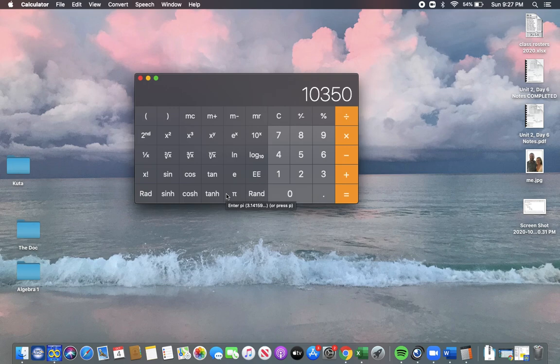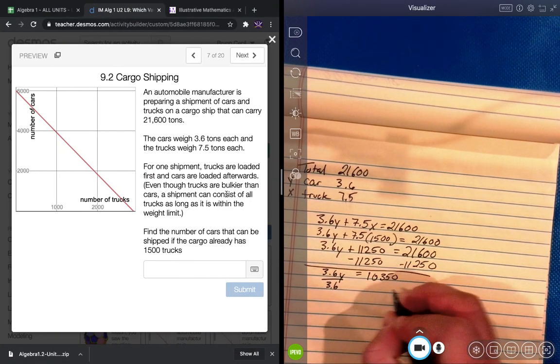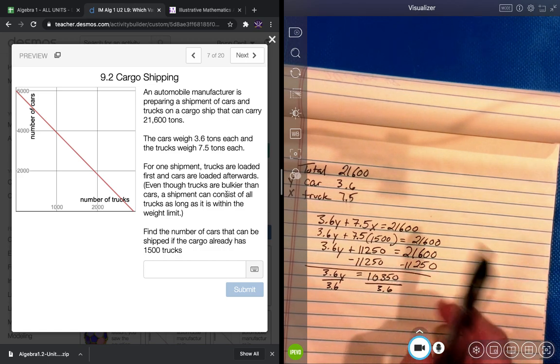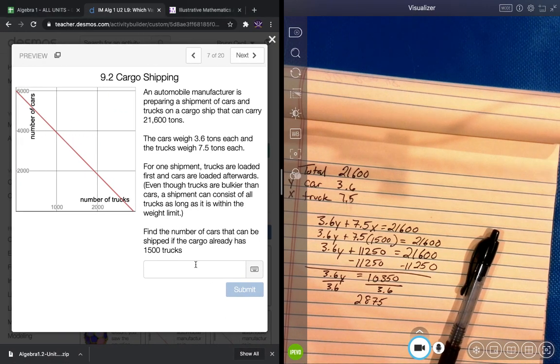So now, guys, this is my new equation. Divide by 3.6. And I am going to get 2,875 cars. Okay, 2,875 cars.